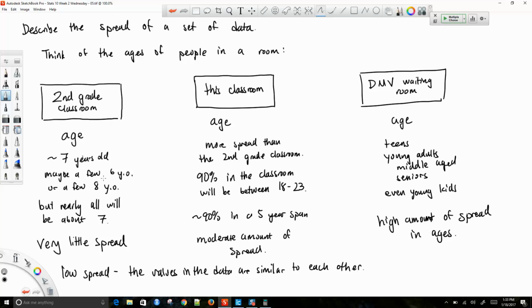That's what we have in the second grade classroom. The values that we see are all around 6, 7, 8, most of them being 7. High spread, the values in the data are quite different.